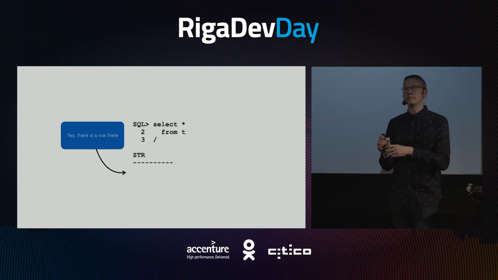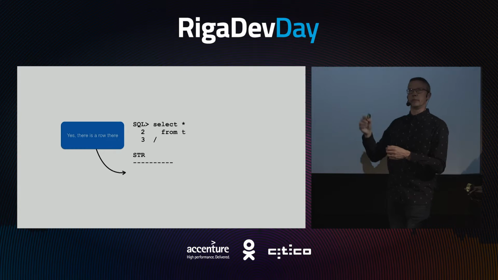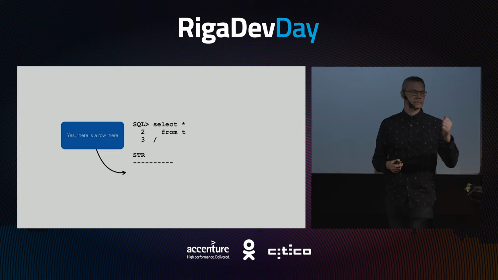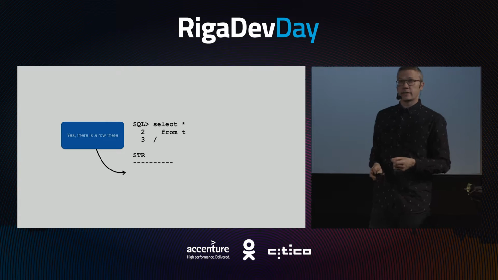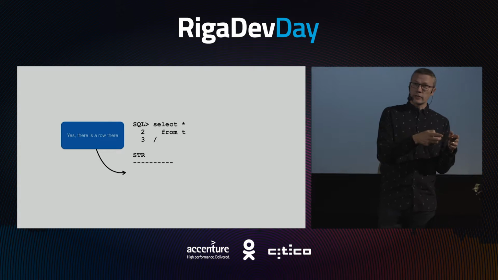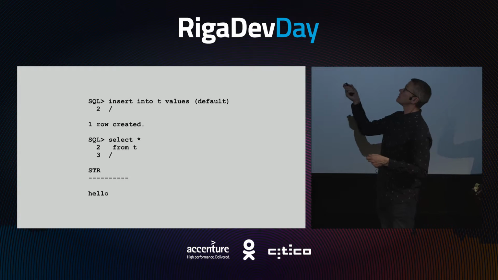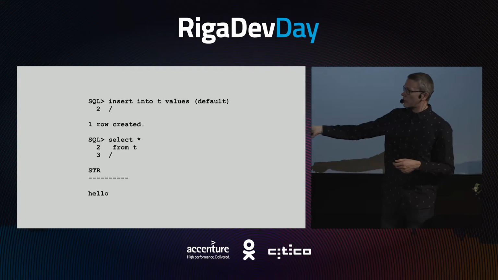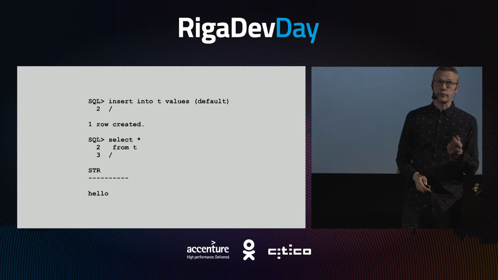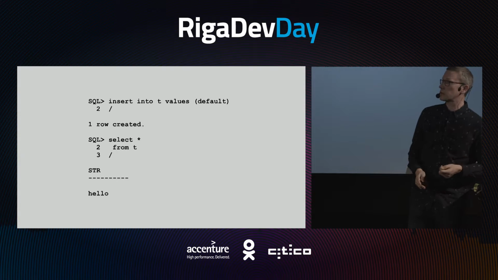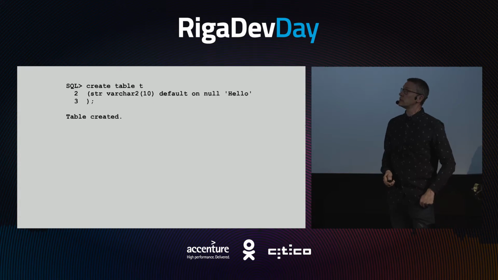Most people would guess it should put hello in there because that's the default. That's not the case. There is a way to insert that default value using the same default keyword. Insert into T values default, and you will get the hello in there, which is the default for that column.